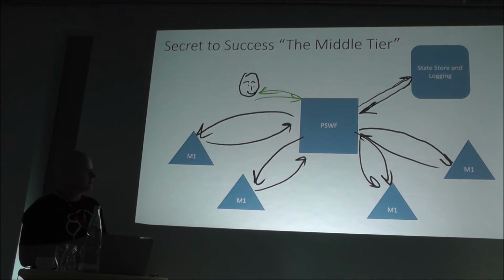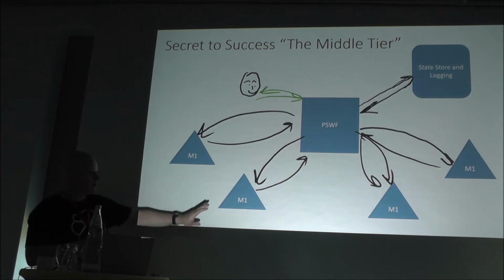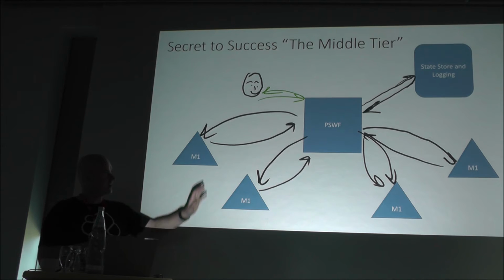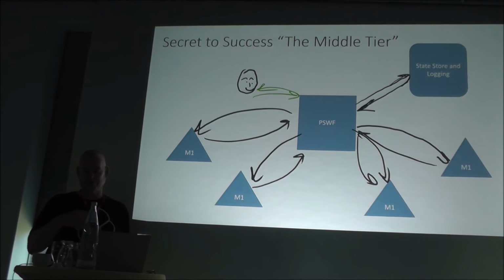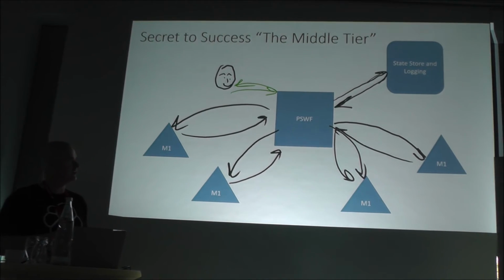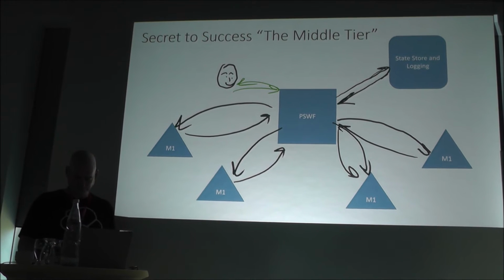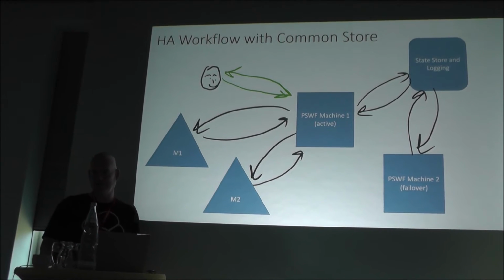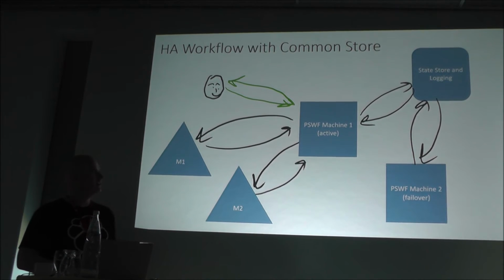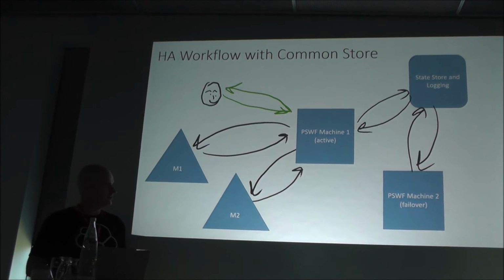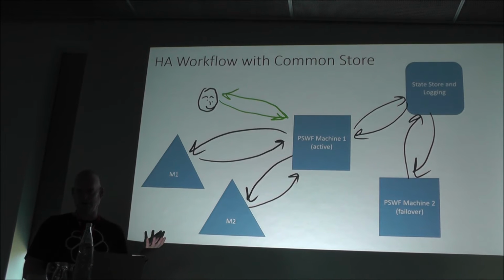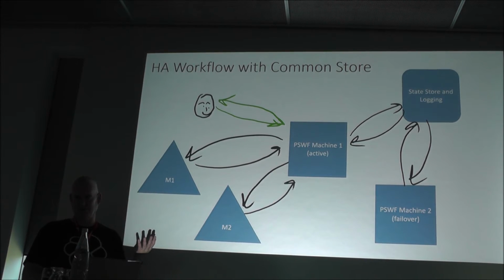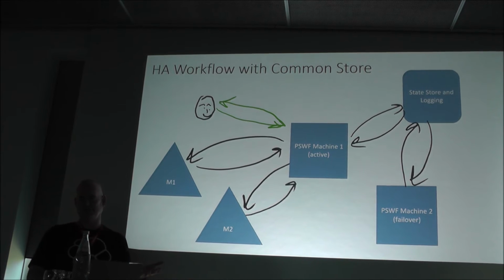But in theory, the architecture is you'd have the mid-tier, it would be managing a whole bunch of machines, and you would have this file share which does all your checkpointing and logging and stuff like that, which then allows you to actually do quite a simple HA. Right? If you have a shared file store, then you have a secondary machine, and you can just bring that machine up, pointing at that repository, and it'll just resume those workflows because all of the state has been serialized to disk.